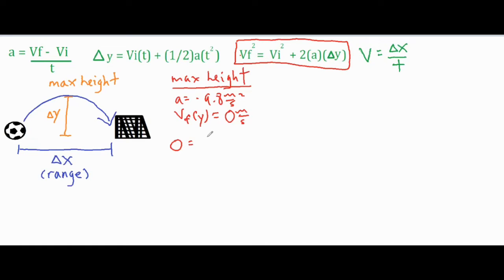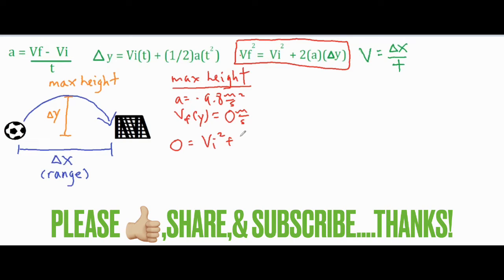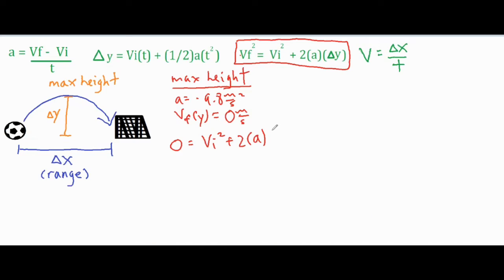That equals the initial velocity squared plus 2 times a, which is acceleration due to gravity, times our delta y. If we rearrange, we end up with negative vi squared if you subtract that from both sides, and then you can divide both sides by 2 times a.